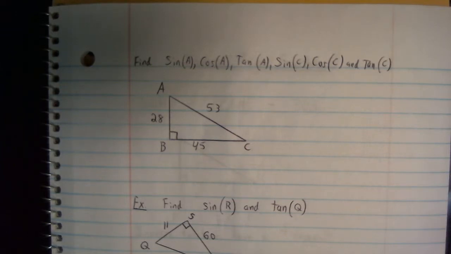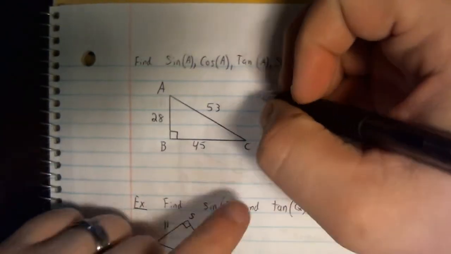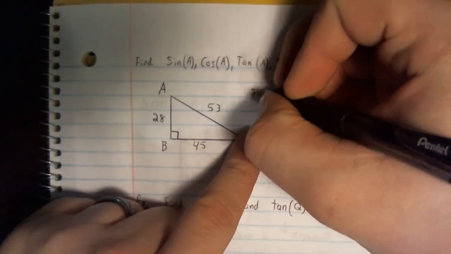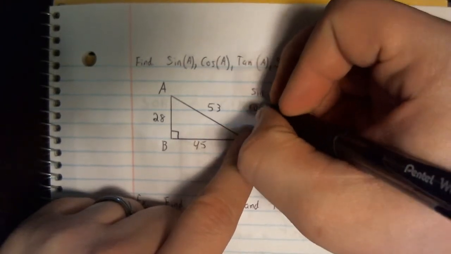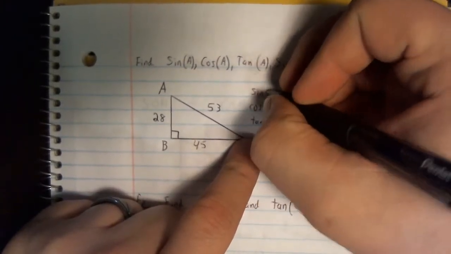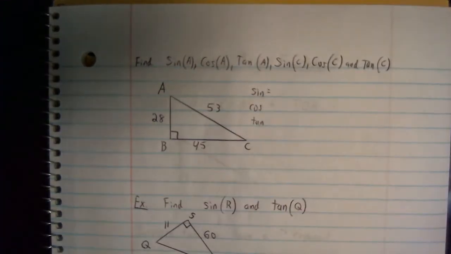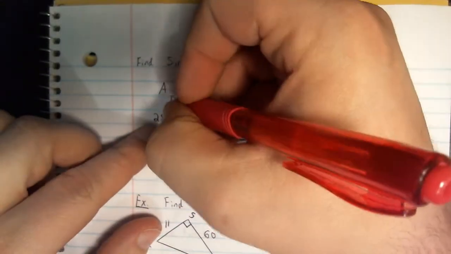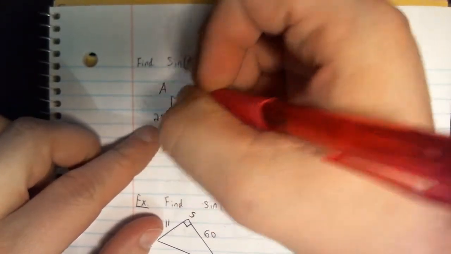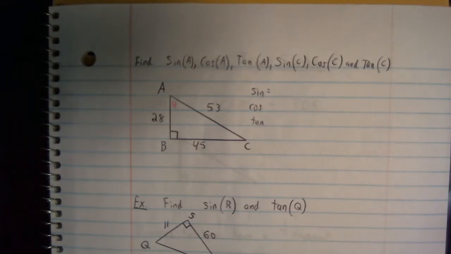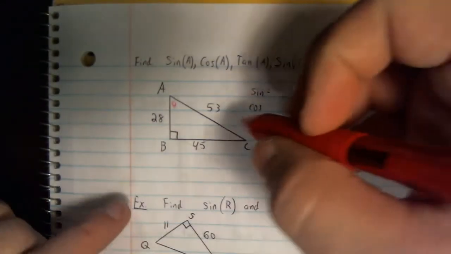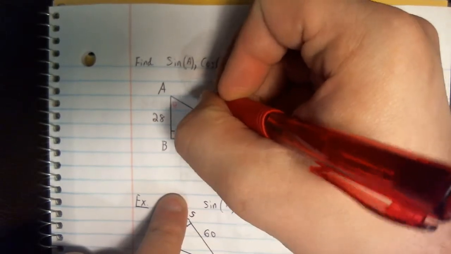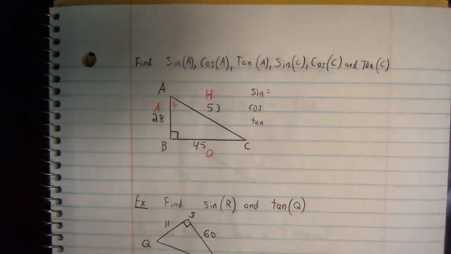Alright, let's see how you did. So I'm going to do sine, cosine, tangent of A in red. Sine, cosine, tangent. Now, from A, I'm going to mark theta. And I'm going to mark my hypotenuse, my adjacent, and my opposite.